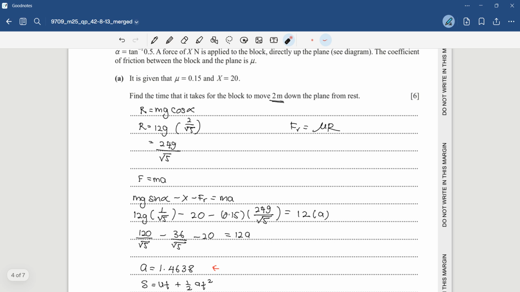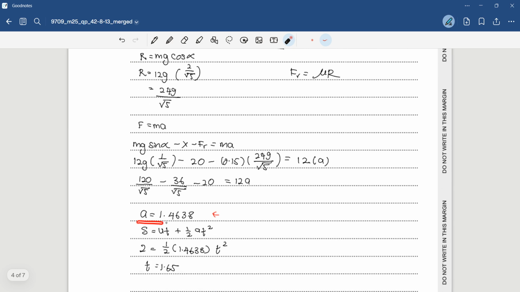So once you solve for a, just take note, please don't give this in three significant figures because this is one of the most common mistakes that students make. Don't ever give your intermediate value in three significant figures. Use either 4 or 5, or you can use the exact value.